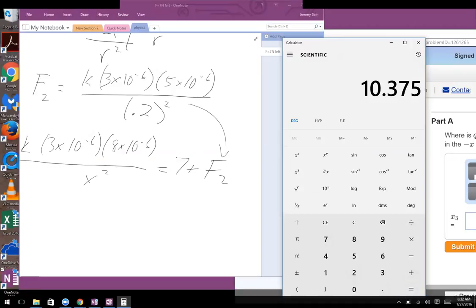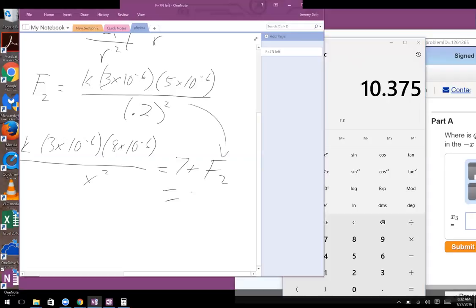Is that. And now I want to get x squared by itself, so I need to take the k times the 3 times the 8 and divide it by this guy, and then take the square root. I'm trying to get the x squared by itself. So this side is 10.375. So to get x, it'd be the square root of this stuff.